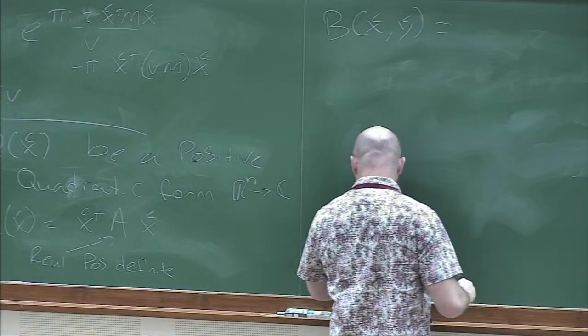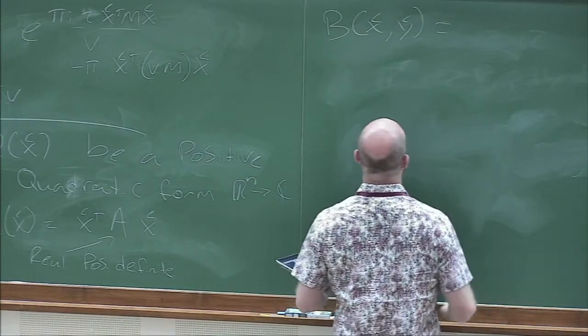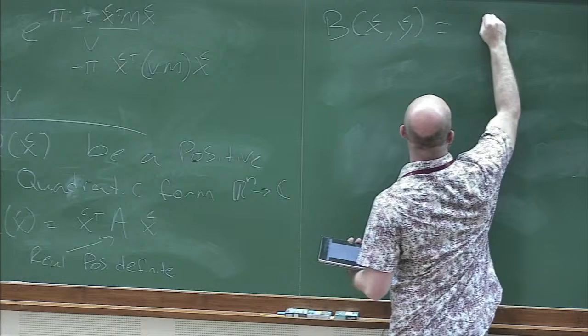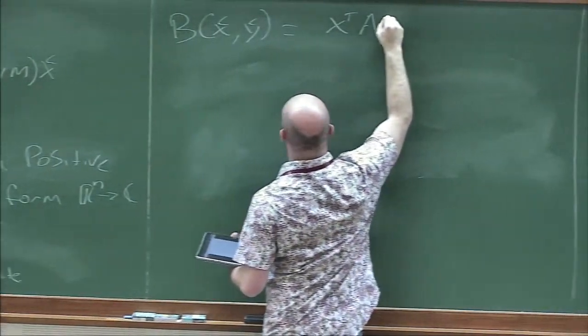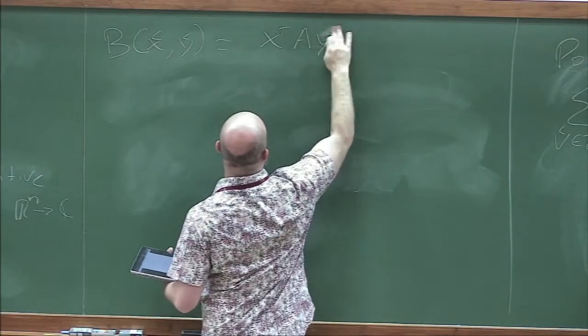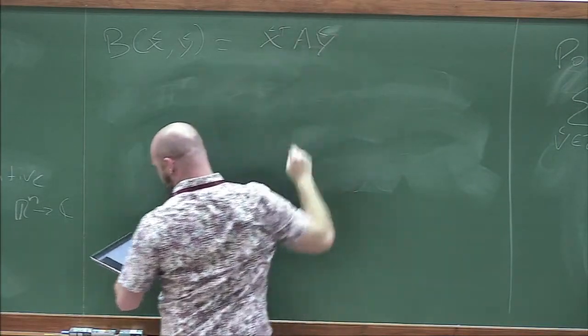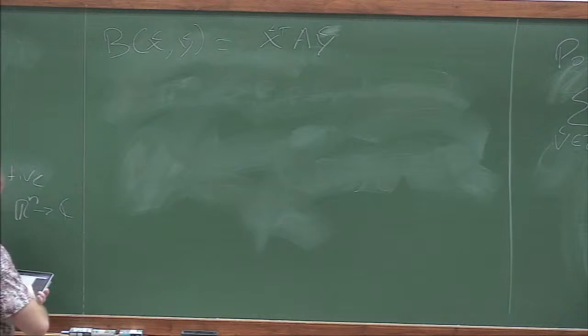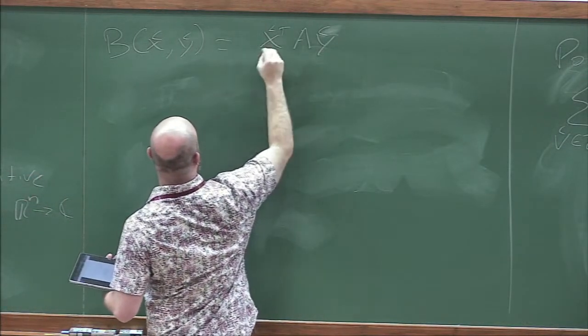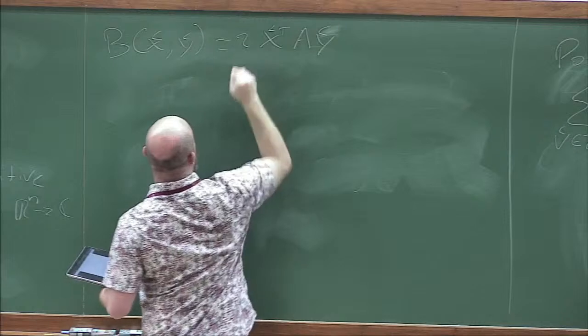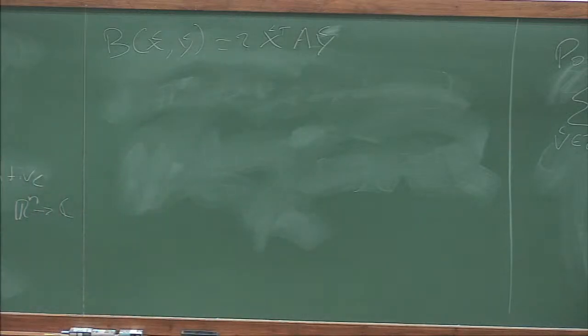This bilinear form is going to equal x transpose times A times y, and I guess we should put our 2 in there.